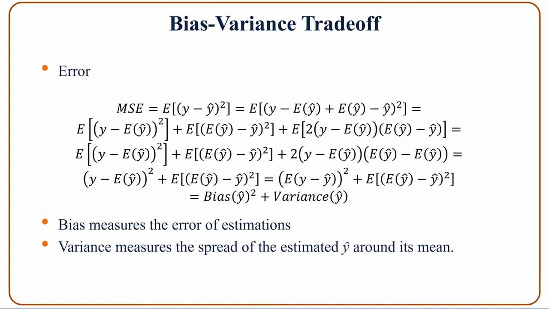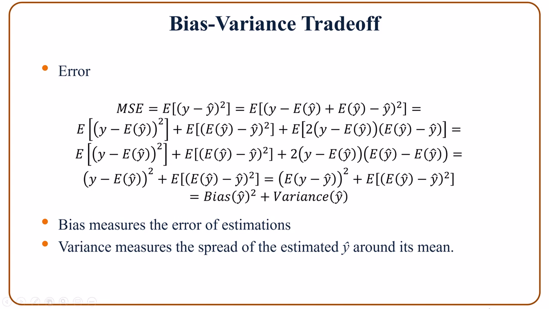On this slide, we take MSE, which is mean square error, as the measure for error. In the formula, y is the true target, and y hat is the estimate of y. We can decompose MSE into the bias of y hat squared plus the variance of y hat.